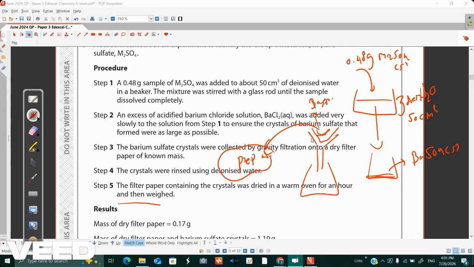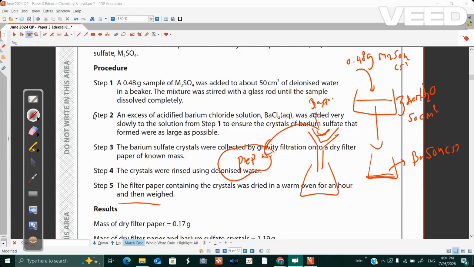First, they wash it with deionized water to remove any impurities in the precipitate form, and then they are drying it in an oven and weigh the mass of barium sulfate they have obtained.